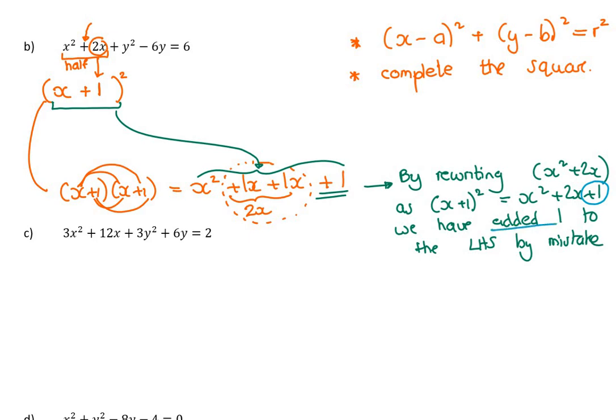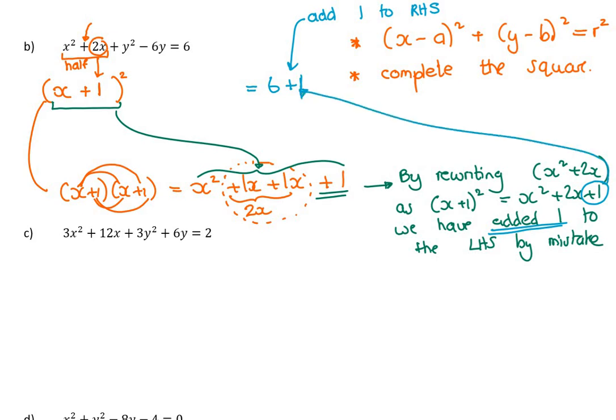So, we have effectively added 1 to the left-hand side of this equation by mistake. Now, if you add 1 to the left-hand side of the equation, you need to add 1 to the right. So I'm adding that because I have to do the same thing as when I added 1 to the left. So this 1 is getting added to the right-hand side as well.